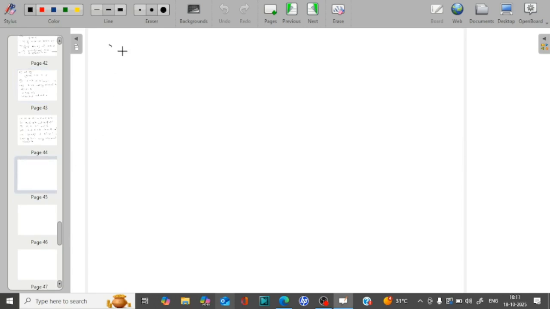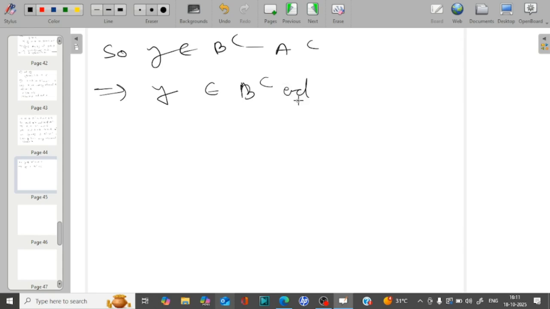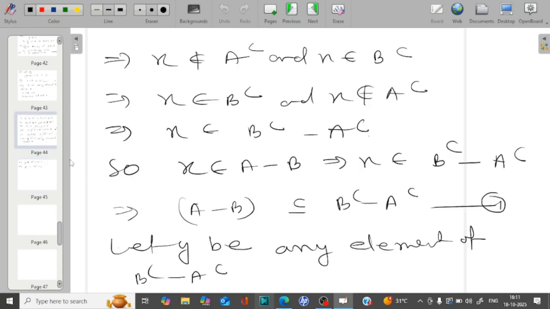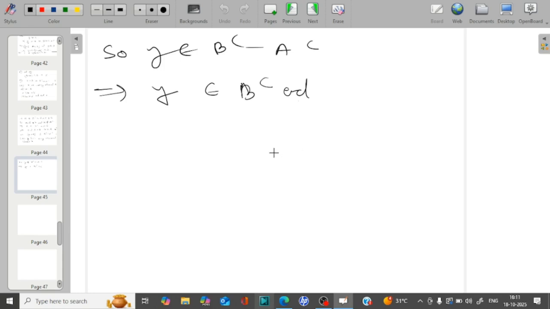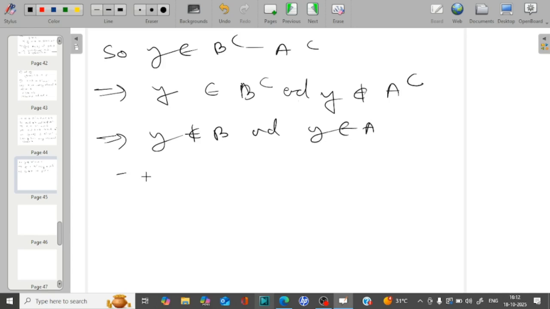So y belongs to B complementation minus A complementation, that implies y belongs to B complementation and y does not belong to A complementation. That implies y does not belong to B and y belongs to A, that implies y belongs to A and y does not belong to B.